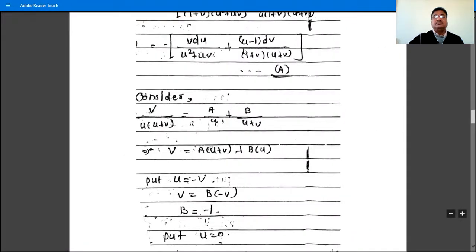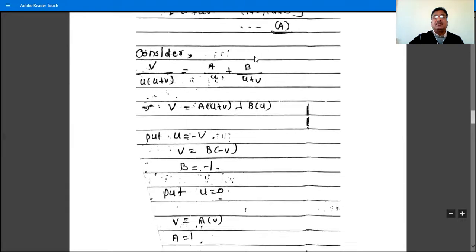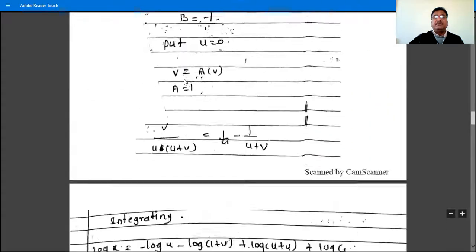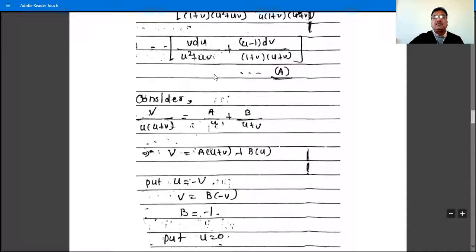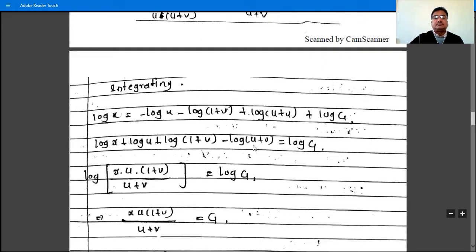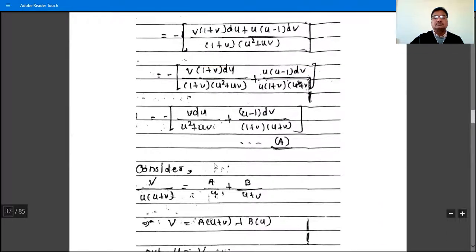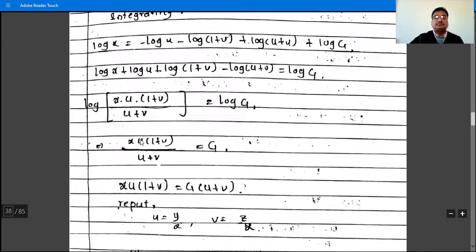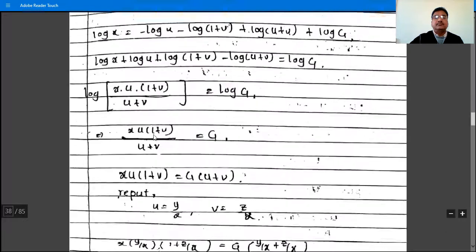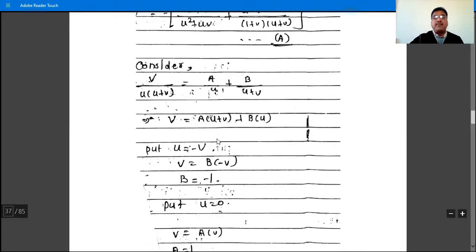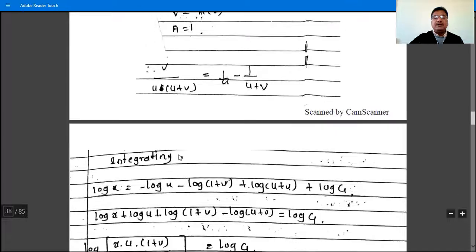So substitute here the value of this quantity. Similarly, so this is du, coefficient of du is this. So 1 by u, integration is log u.